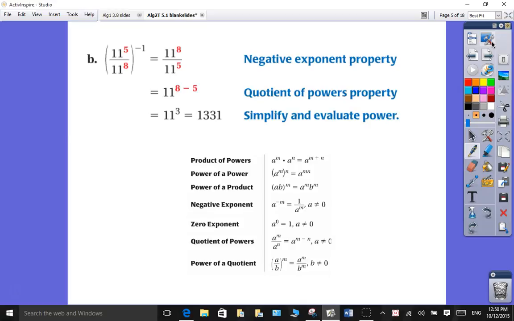What if you use the quotient property first, like go straight down, and we would have 11 to the 5 minus 8, which is negative 3, to the negative 1. That's using properties of exponents. And then which property would I use? 11 to the negative 3rd to the negative 1, power of a power, multiply.